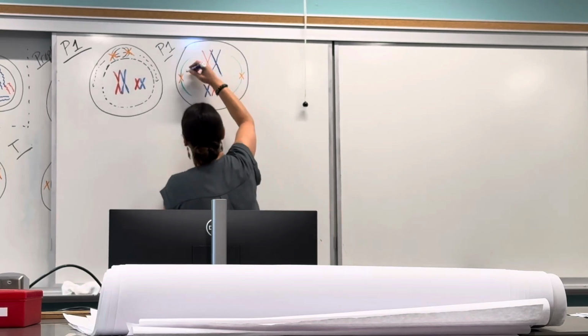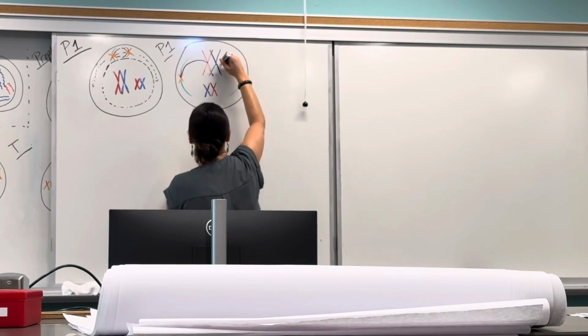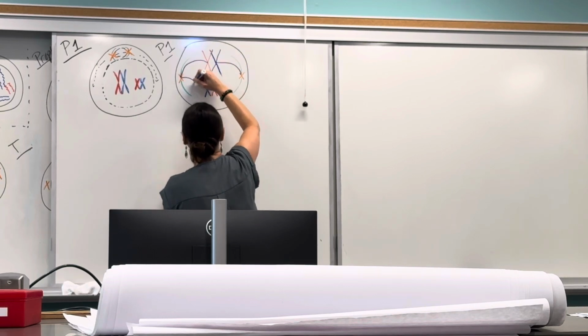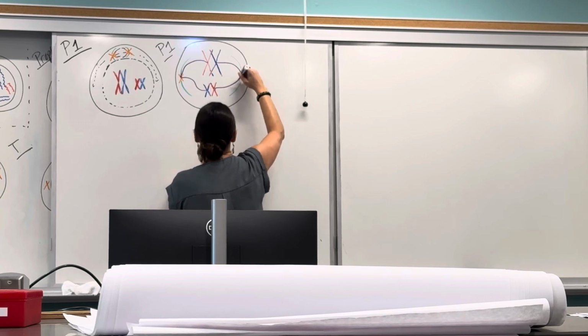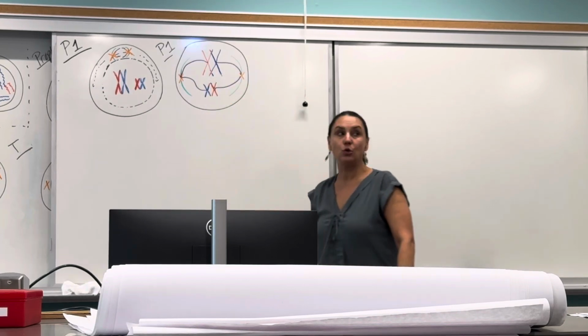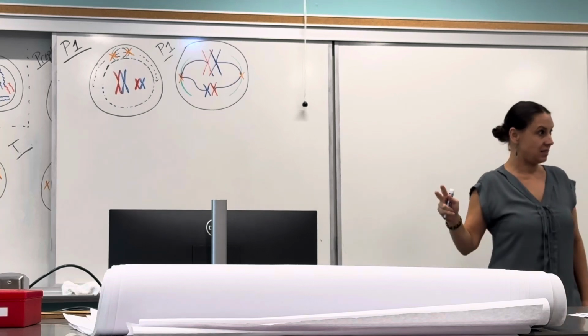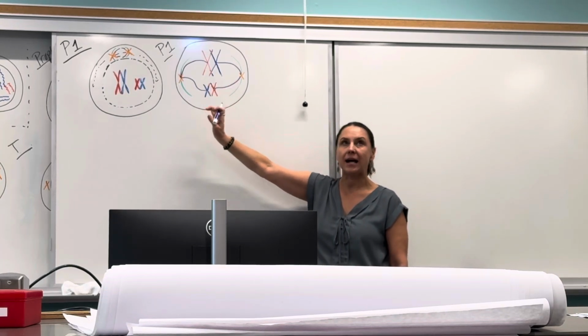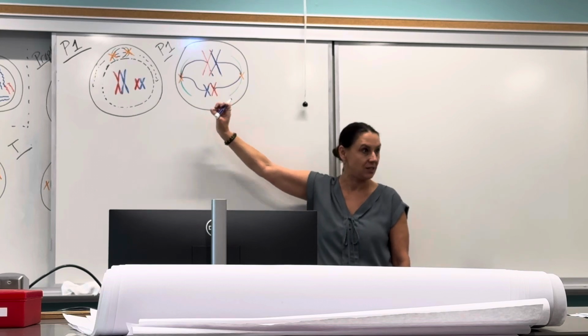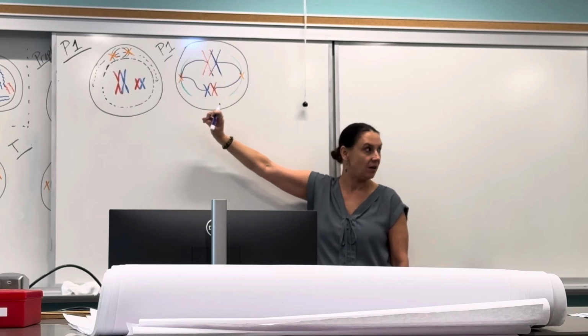What else happens? Meiotic spindle fibers attach. These purple ones are those kinetochore microtubule meiotic spindle fibers, or for prophase one you can just call them meiotic spindle fibers. They attach to your tetrads, to your homologous pairs, from both poles of the cell. But would you say they attach to sister chromatids from each pole of the cell?